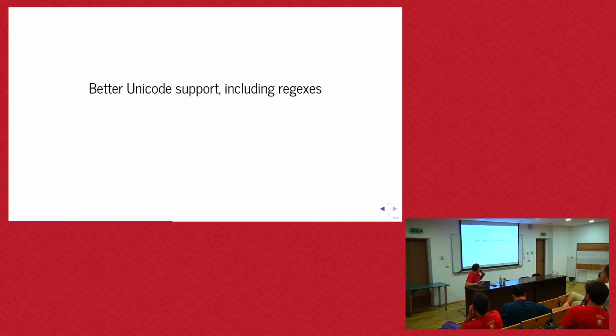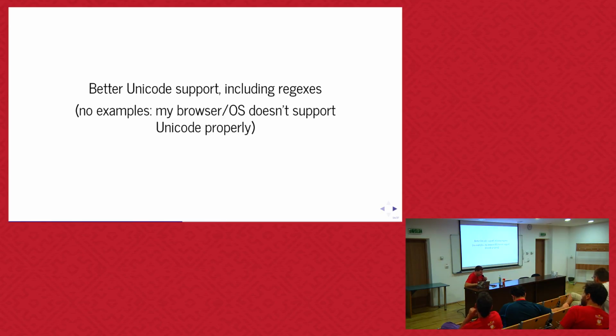Okay. So also JavaScript 2015, right? ES6 basically provides better Unicode support. It supports Unicode in regexes and playing with Unicode strings. Unfortunately, I cannot show an example. My browser doesn't support Unicode well.